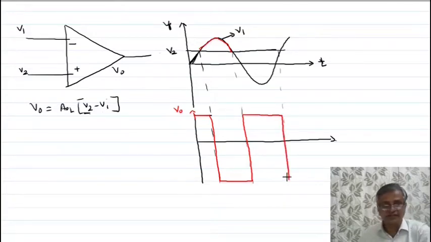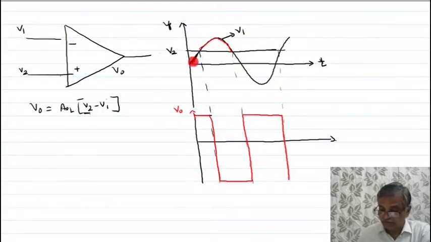Again I am discussing here this voltage level V2, this voltage I am showing you, say 1 volt or 2 volt, your choice, whatever you want to keep. This input sine wave voltage I am giving to the inverting terminal.